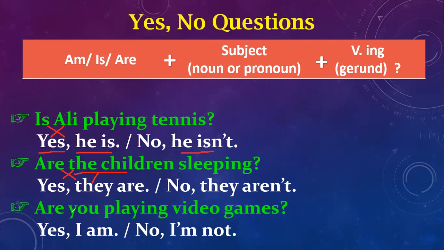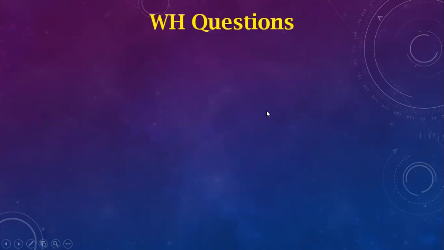If you remember, if we have you in the question, it will change in the answer into I or we. Here, it's I. Yes, I am, or no, I'm not. You get it? Yes. Okay, great.